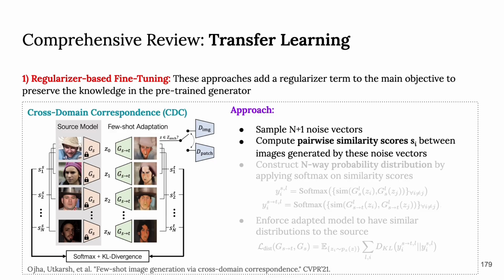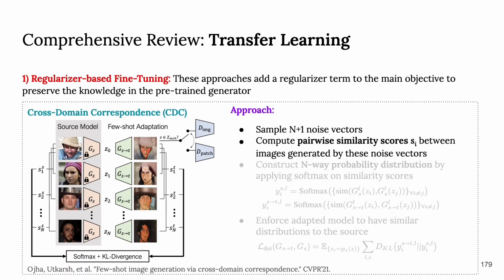Then they compute pairwise similarity scores between images generated by these generators. For the left generator, they compute the similarity between images generated by Z0 and Z1, Z0 and Z2, Z0 and Z3, and so on. They call these S1S, S2S, S3S, and so on.